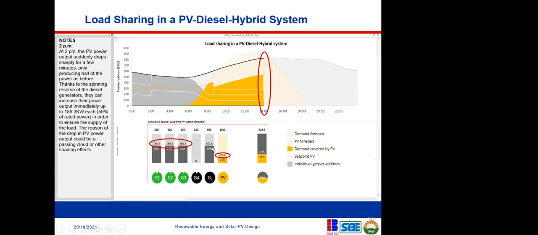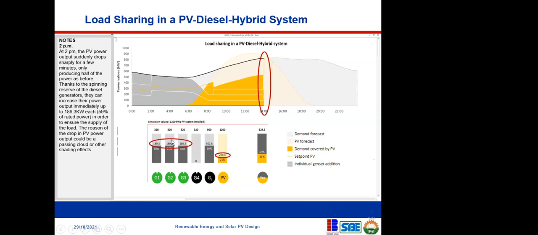These generators we are running at 30%, their minimum loading, but all of a sudden there was a shadow on this solar system, and its energy production dropped significantly. So the generators quickly absorbed the power that the solar system has dropped. They quickly pick it up, and their load factor now increased to 59%.